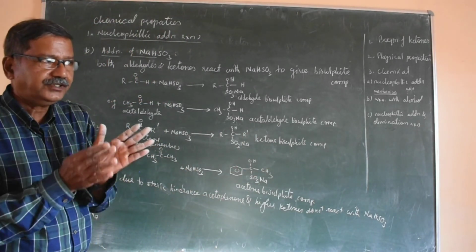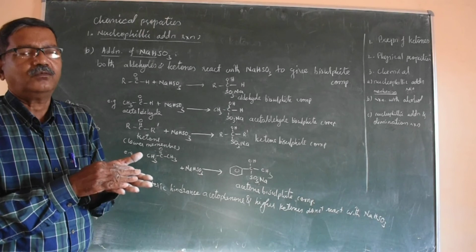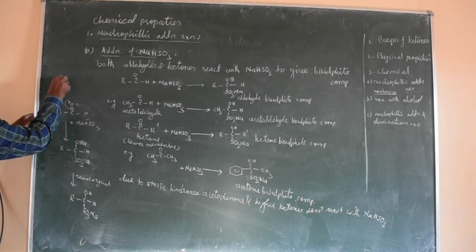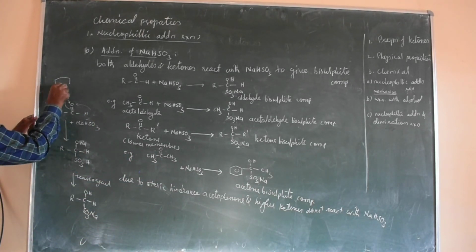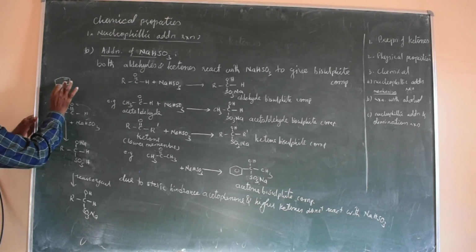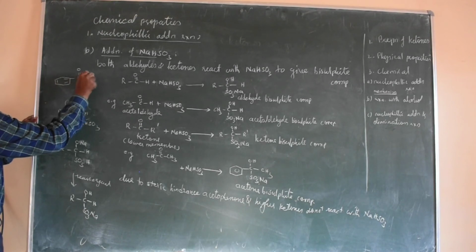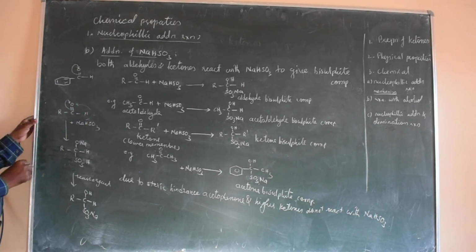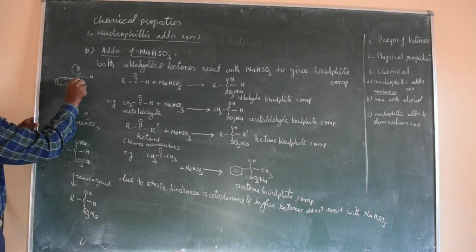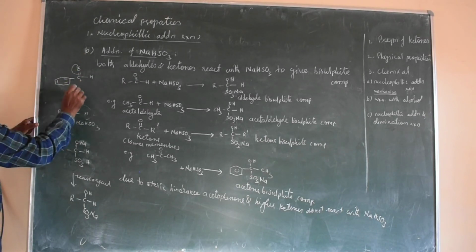Benzaldehyde is less reactive again. Why is benzaldehyde less reactive? Due to the resonance structure. This is the formula of benzaldehyde, with C double bond O, H. There is a movement of electrons, and when the ring gets the plus charge, the oxygen gets a negative charge.